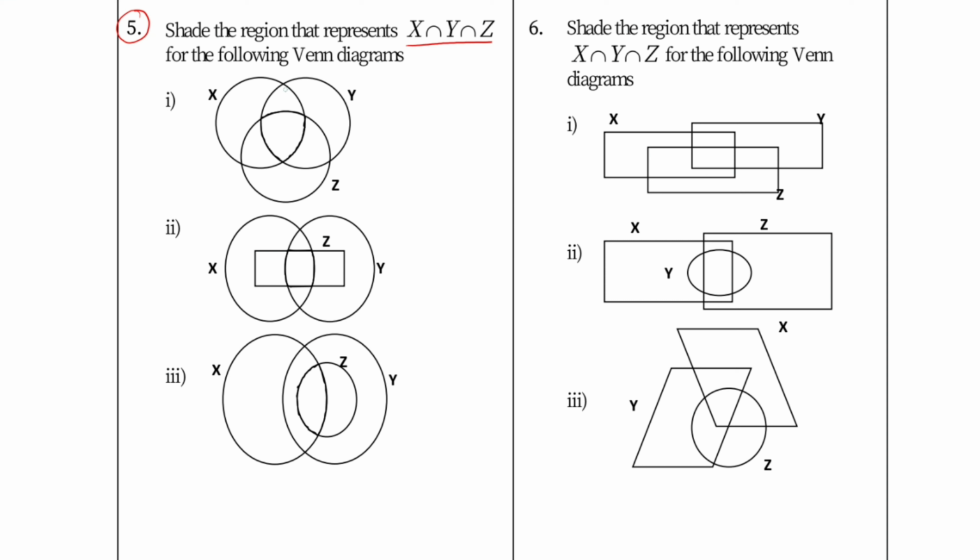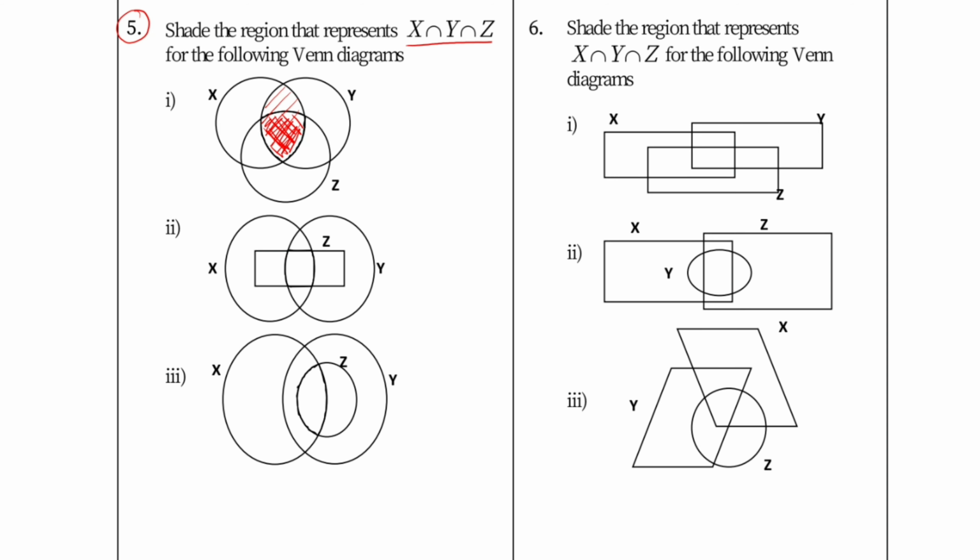First you do X intersection Y. This area or this region represents X intersection Y. Based on what you have shaded, you continue to intersect with Z. So the area for X intersection Y intersection Z is this one, only this one.